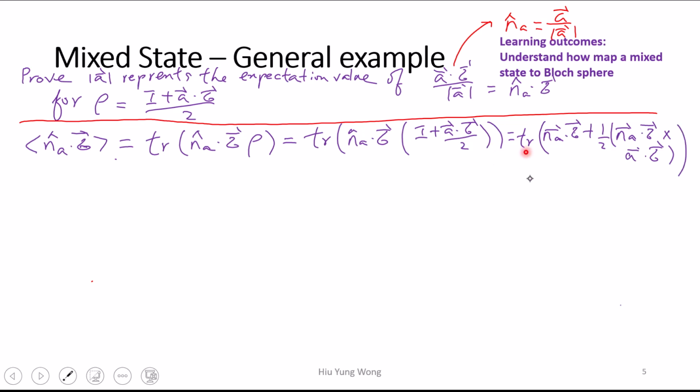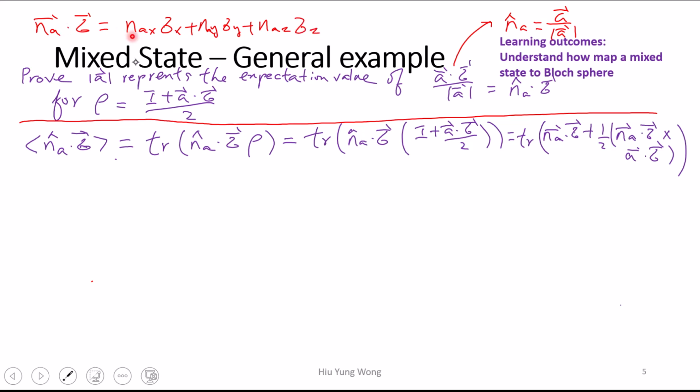Now, when we apply the trace to this, what do you get? This is just a linear combination of sigma x, sigma y, sigma z. If you forgot, let's quickly remind you: NA dot sigma may have different components, NAX times sigma x plus NAY times sigma y plus NAZ times sigma z.